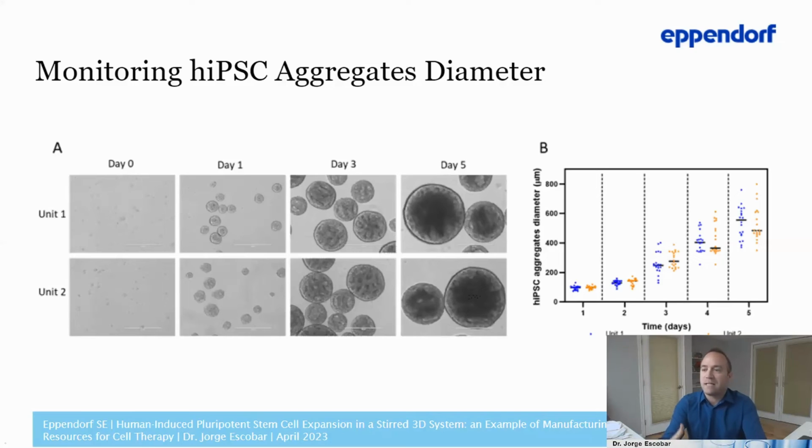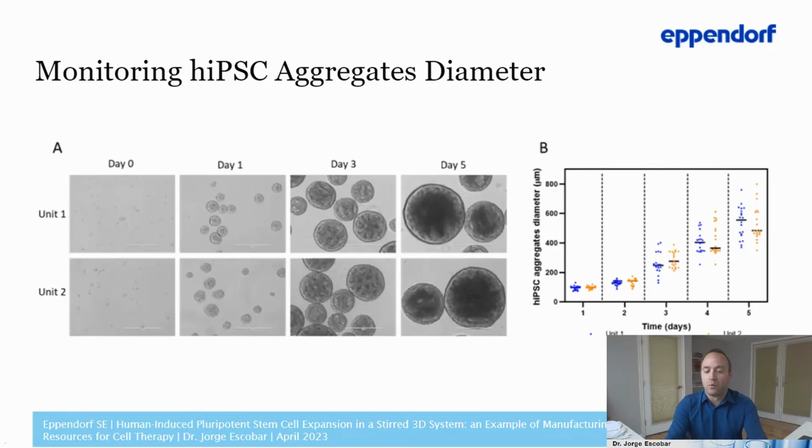Using those samples, we obtained 10 bright field images from both bioreactors, with an average of around 20 aggregates per image. So we used about 20 aggregates to collect all these pictures.